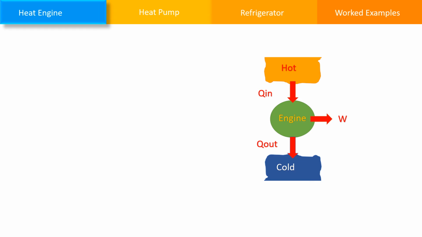The next part is the heat engine's efficiency. Efficiency is basically the output of any device divided by the input I have given. So performance is measured by whatever I am getting as output divided by whatever I have paid for, right?